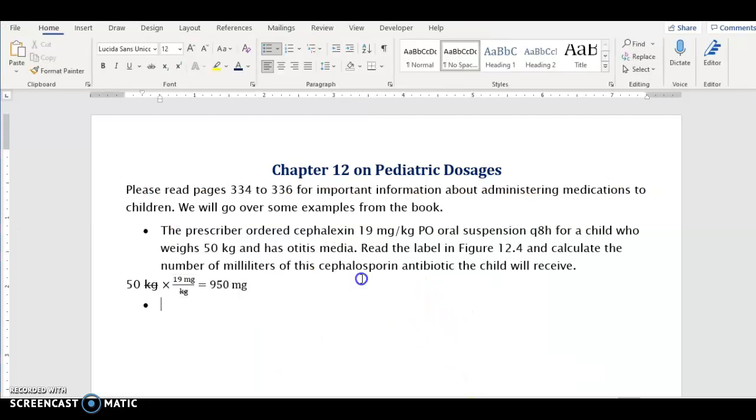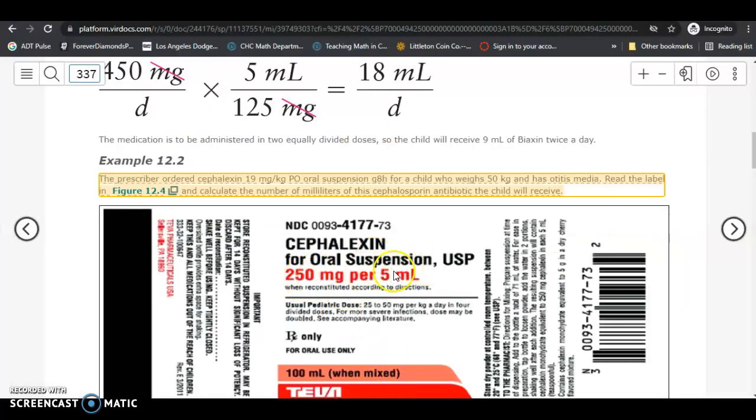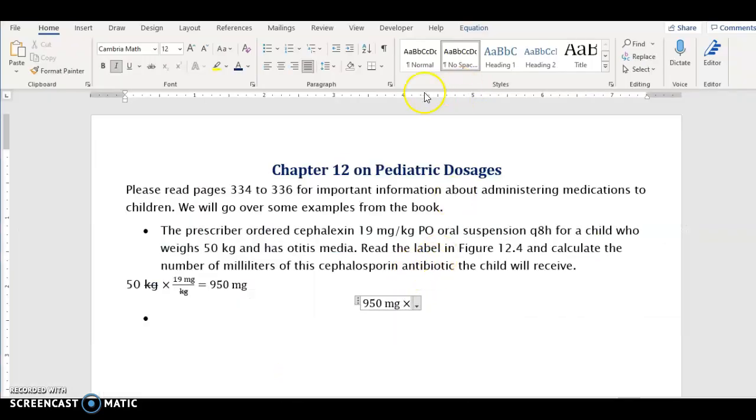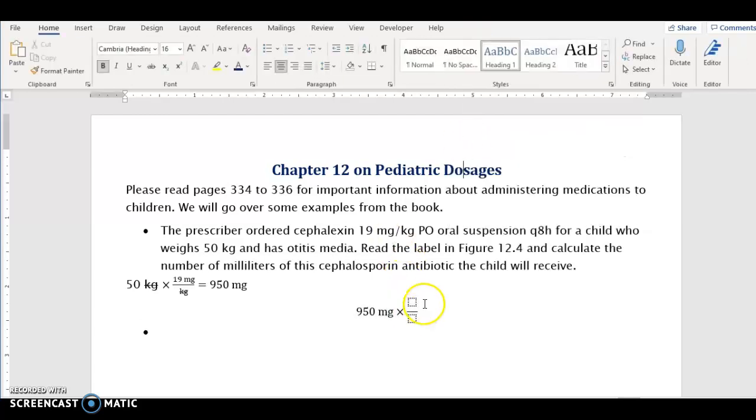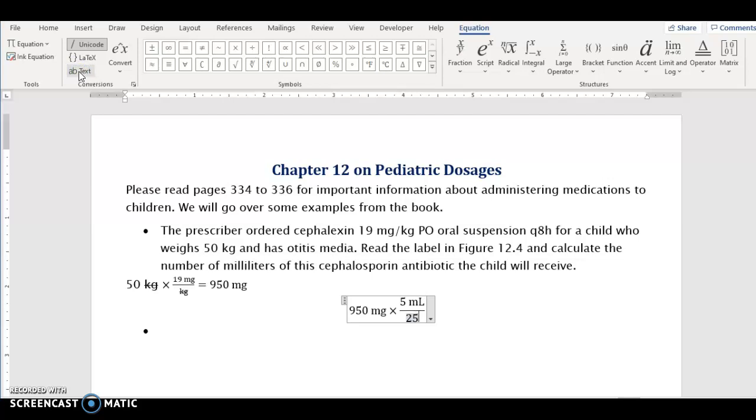So what we're going to do is take the 950 and multiply it by the reverse of the strength. So we're going to put the 5 milliliters in the numerator of the fraction, and then the 250 milligrams in the denominator.